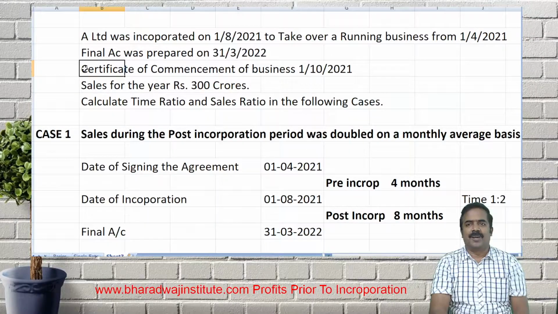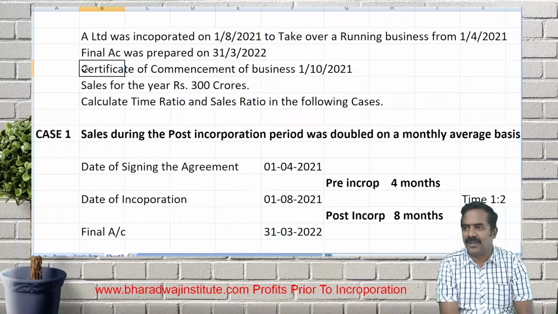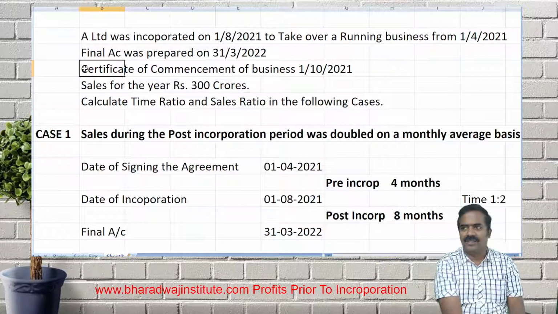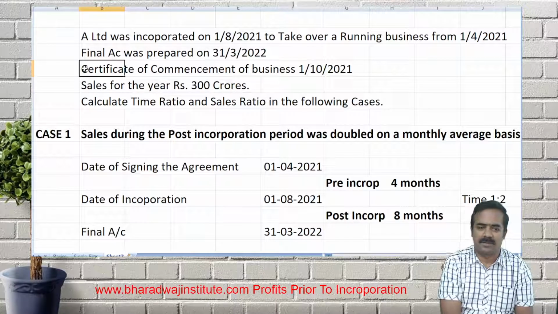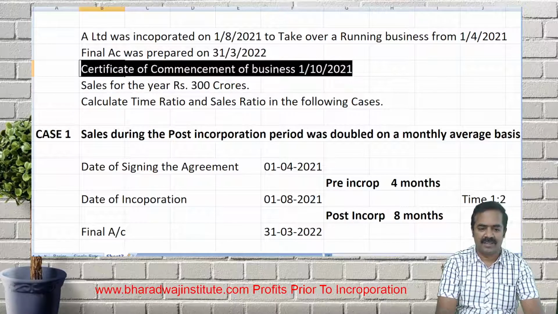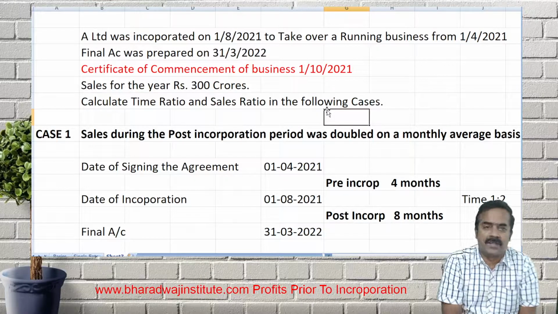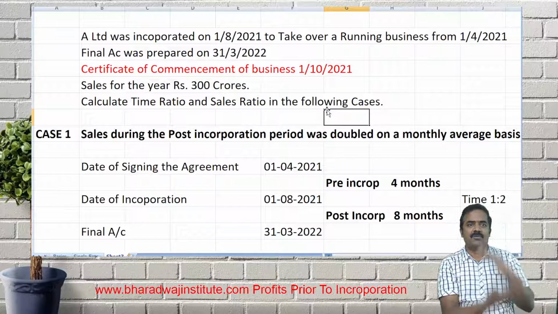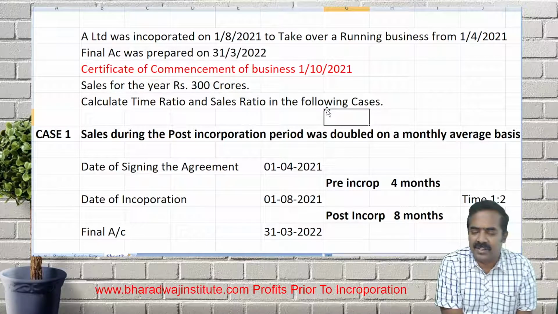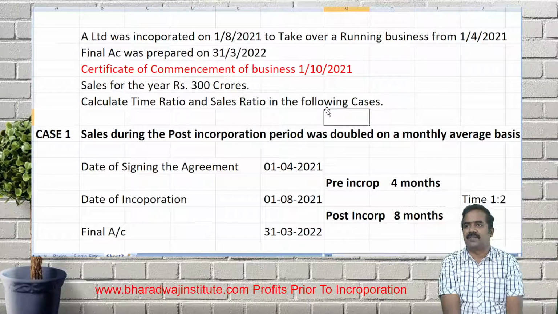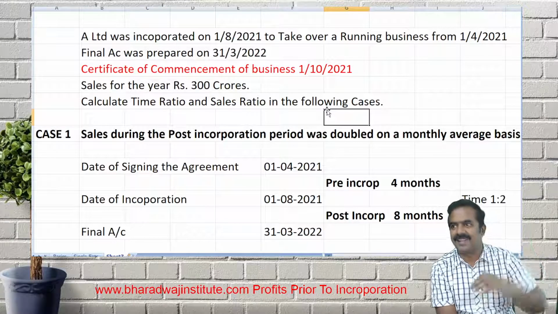Here the company asks you to work out only pre and post incorporation, not pre and post certificate of commencement of business. What should be ignored? This should be ignored. Certificate of commencement of business doesn't matter for us. Only before and after incorporation matters. Already the business is running.